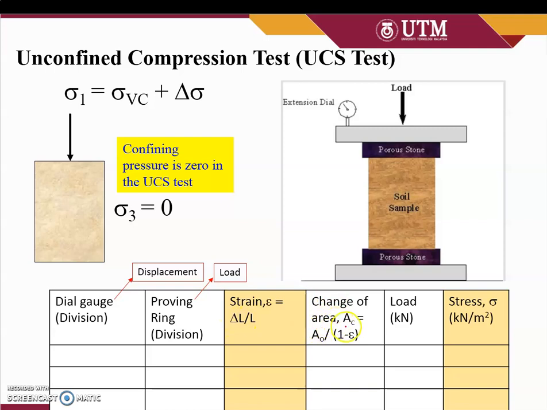We can also calculate the area, because the area of the cylinder is pi d squared divided by 4, where d is the diameter of the cylinder. We know the load from the proving ring, so we can calculate the stress. This is the stress we want to know, the deviator stress, delta sigma. The deviator stress at the maximum is our final stress.